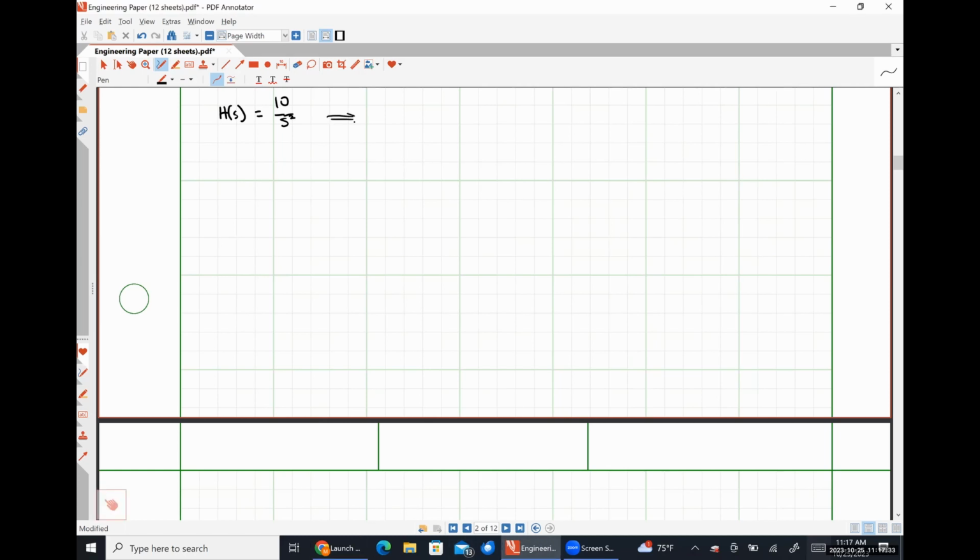My frequency response is going to be 20 times the log of 10 over S squared, which is the exact same thing as 20 times the log of 1 over S plus 20 times the log of 1 over S plus 20 times the log of 10, due to the properties of logarithmic functions.